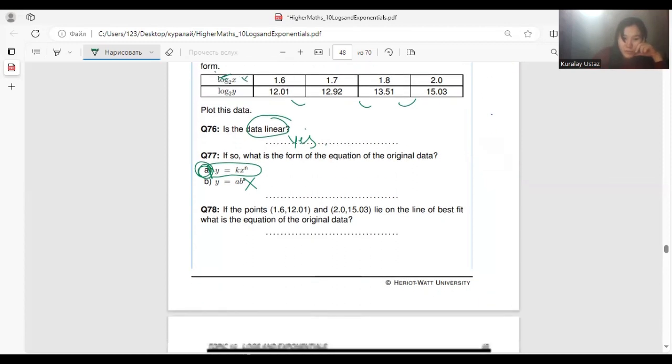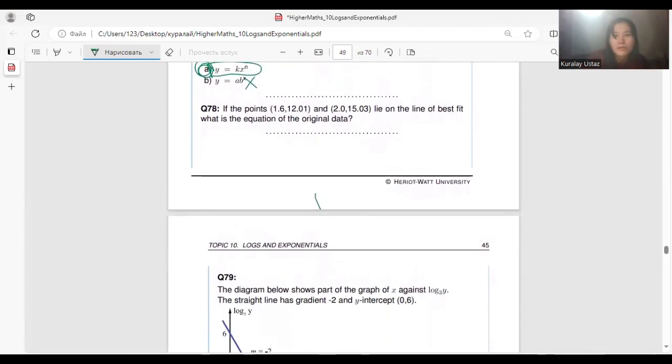Okay, next question. If the line is the line of best fit, what's the equation of the original data? To write it, you need to first define the equation of the line. So y is equal to mx plus c, for example. To find m, the gradient, it's delta y to delta x.